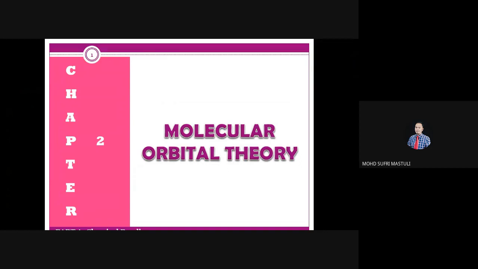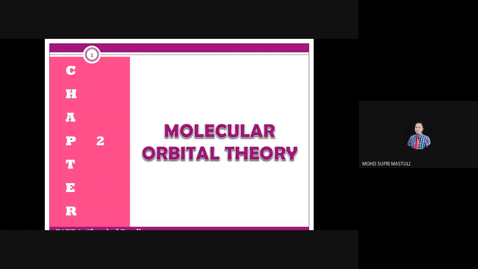Now is another video recorded for a new chapter, which is molecular orbital theory. However, it's still in chemical bonding. Previously, we studied the VSEPR theory to determine the geometry of a particular molecule.